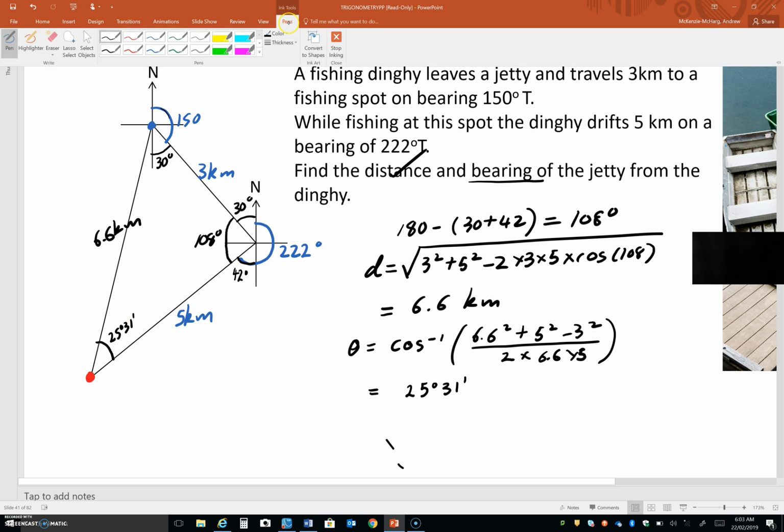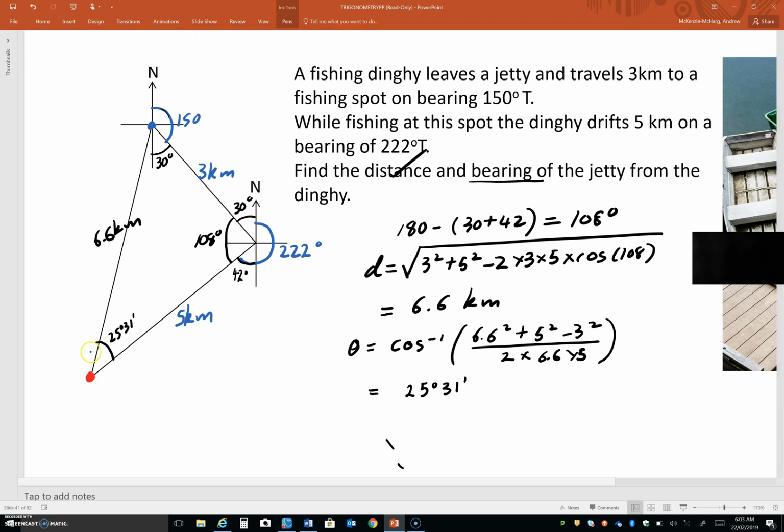maybe you could pause the video and see now whether you can figure out what is this angle in here from north. What is that? Can you find it using some of the other information that's there? Okay, so we're going to use some of the other information that's there.